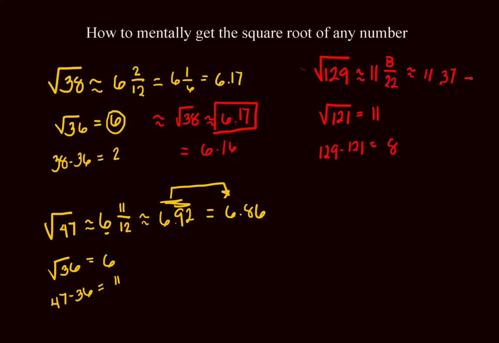Now, the actual value for the square root of 129 is actually just equal to about 11.36. So take a look at that, guys. Our approximation is very, very close to our actual value, which is 11.36.